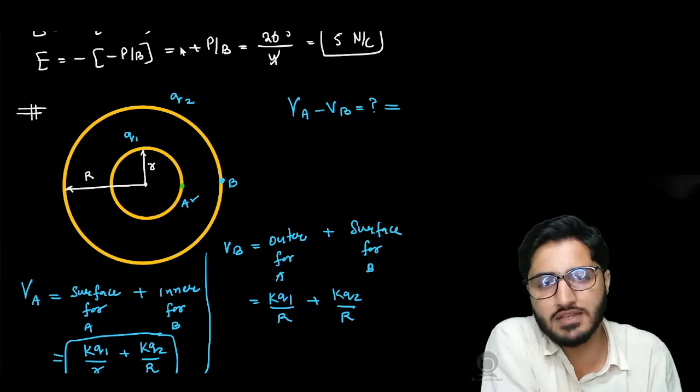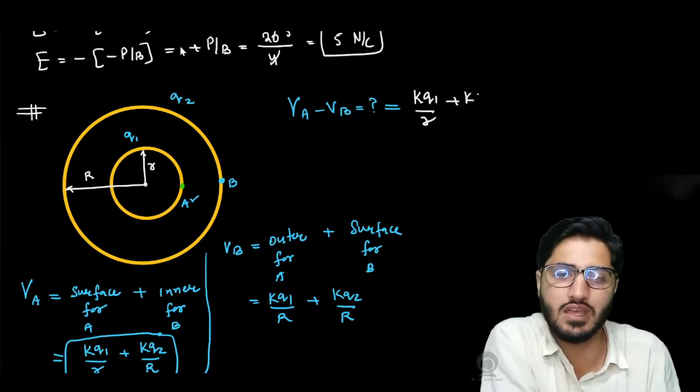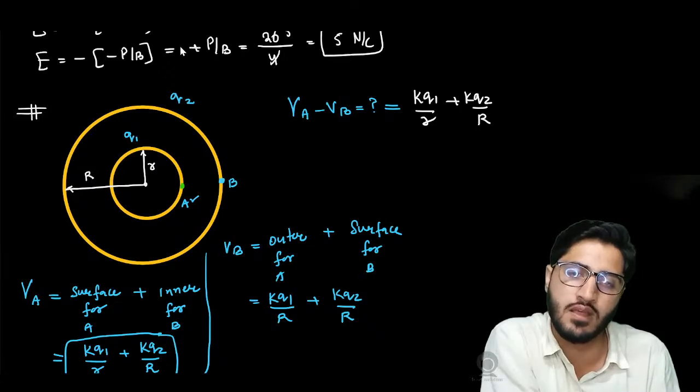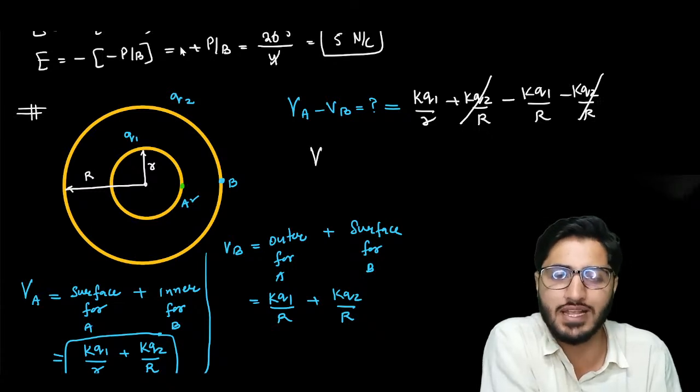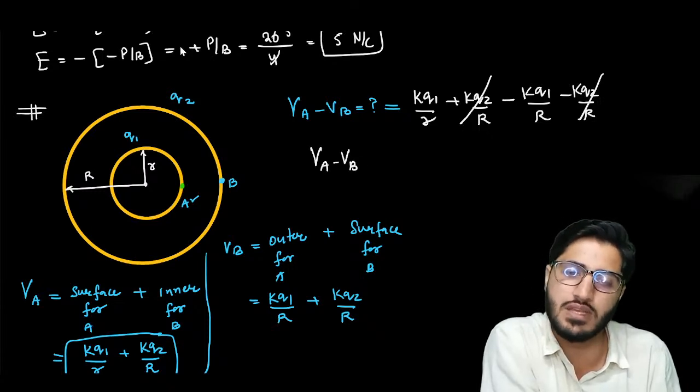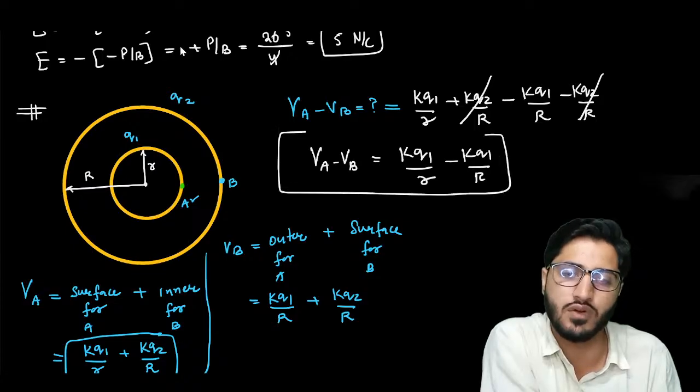So VA is K Q1 by r plus K Q2 by R minus VB. It will be K Q1 by R minus K Q2 by R. These two get cancelled out. So I can write VA minus VB as KQ1 by r minus KQ1 by R. I need to write like this.